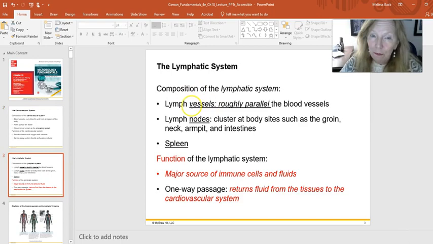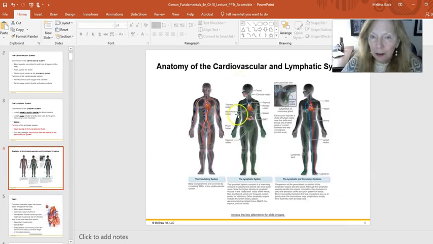When we think about the lymphatic system, this is an entirely another vascular system that is right next to the vascular system. So when we think about arteries, which we know carry blood away from the heart, and we think about veins, which we know are the vessels that carry blood to the heart, we understand that there are also vessels that are running parallel to both of those, called the lymphatic vessels.